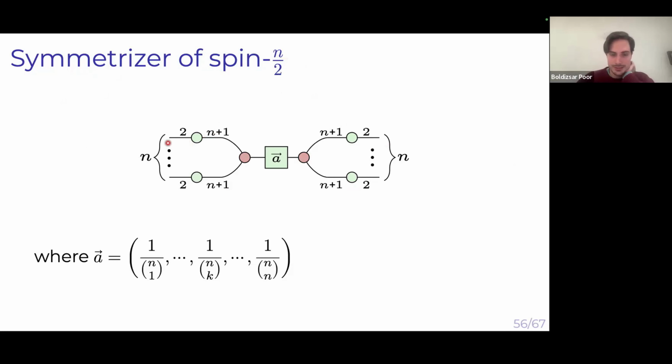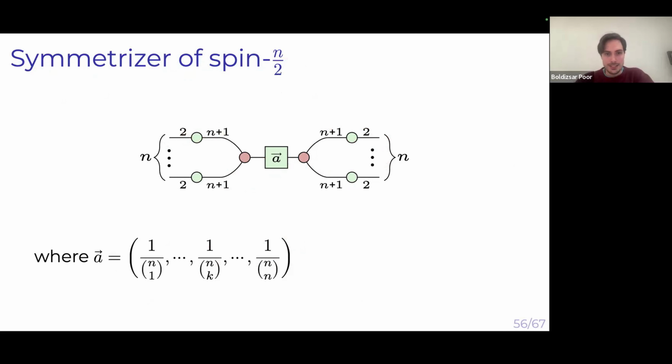So it will create all permutations, and it will apply this phase to our computational basis states, and that's what we need to have the symmetrizer.